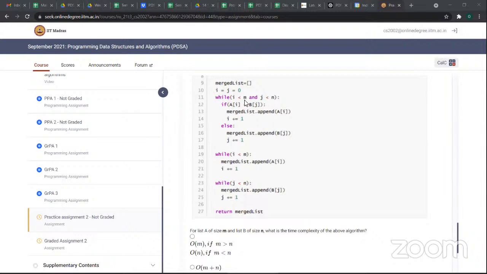That's also a variable, either m or n, but definitely less than m plus n. So even though it's a variable, since we are sure it's less, we can ignore it. That can also be seen here because of the less than in the first while loop itself.